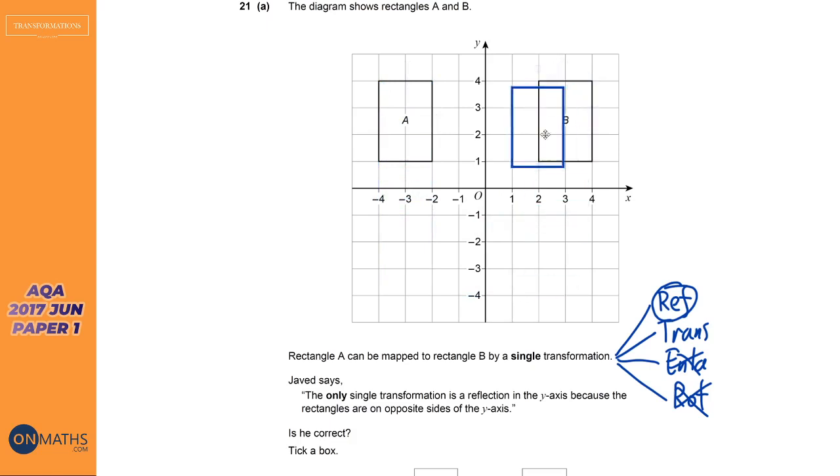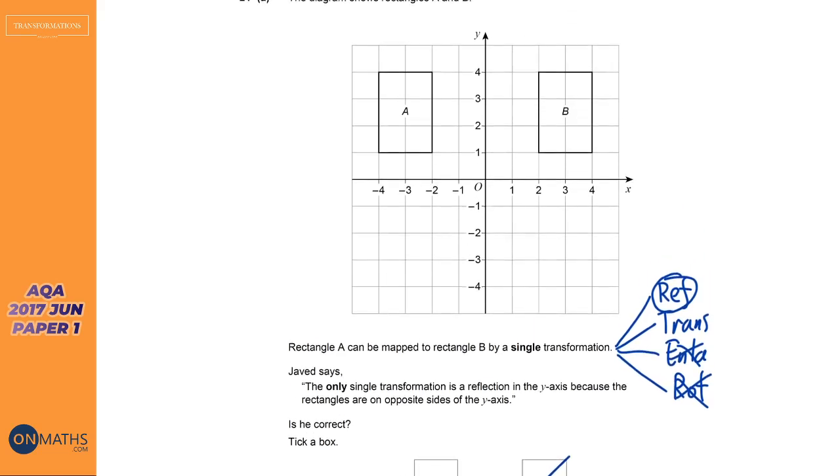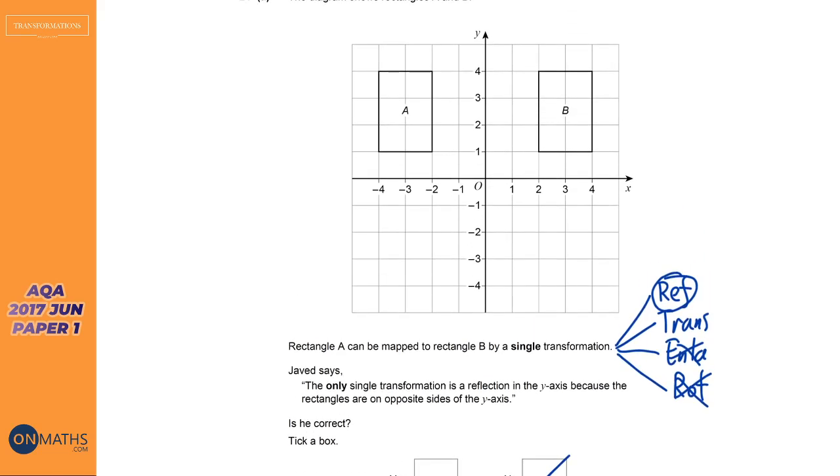Well, hang on, that works. So it has actually been either reflected in the y-axis, that works, or it's been translated. So we've got to figure out how it's been translated. So we can safely say, no, he's not correct. And normally with these questions, no is the answer, right? And we could give a little bit more explanation.